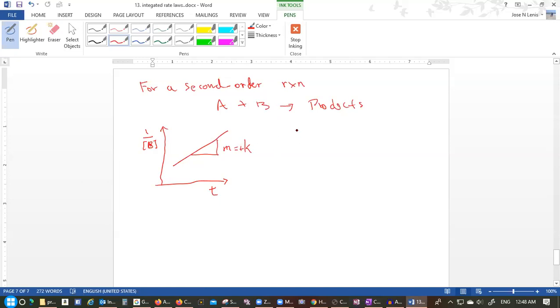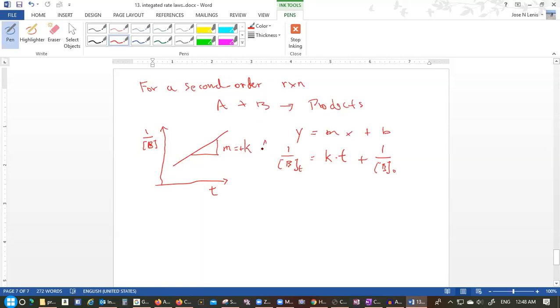So we do the same treatment we did for the previous one, applying that straight line equation y equals mx plus b. So y, 1 over concentration of B, equals m, which is k, times t plus b, which is the 1 over concentration of B at time 0, the initial concentration, and this is going to be at time t, at any time.